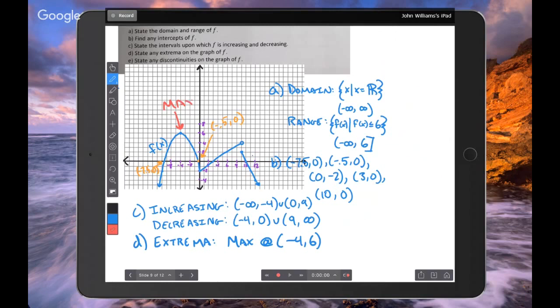Max. And we have a min point. Minimum value at 0, negative 2. Minimum. And that's it.